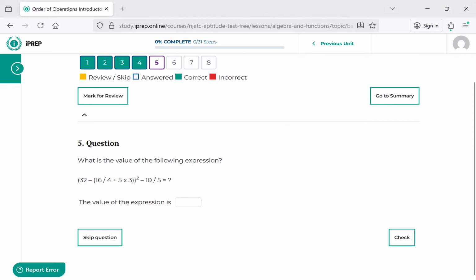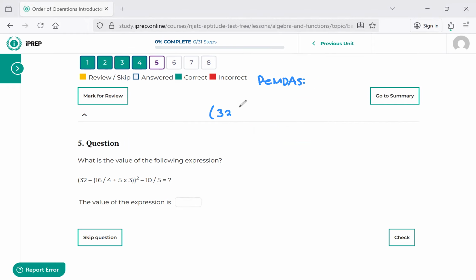Question 5 says, okay, so what I'm going to do is write PEMDAS. Then what I'm going to do is rewrite the slanted line as a horizontal line. I don't know if that makes it easier for you, but it does make it easier for me.